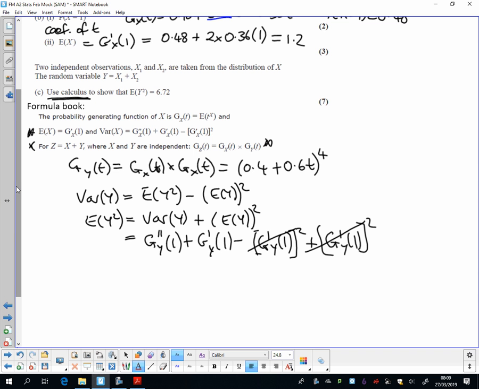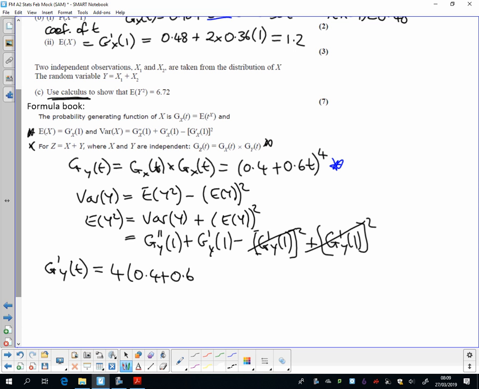All we need to do now is differentiate Y. This is where it's handy to use this form rather than the expanded form, because you can just differentiate using the chain rule and it drops out quite quickly, rather than having tons of long expressions and t's everywhere. So for 0.4 plus 0.6t, cubed on the outside.